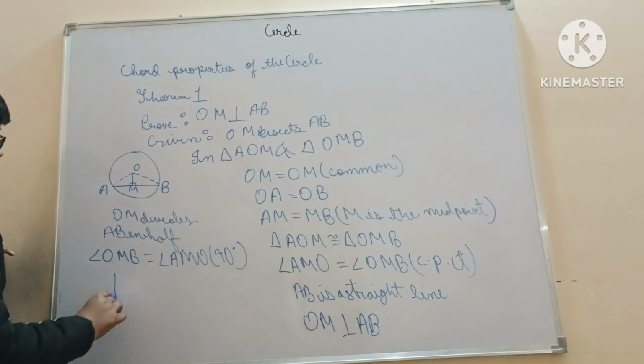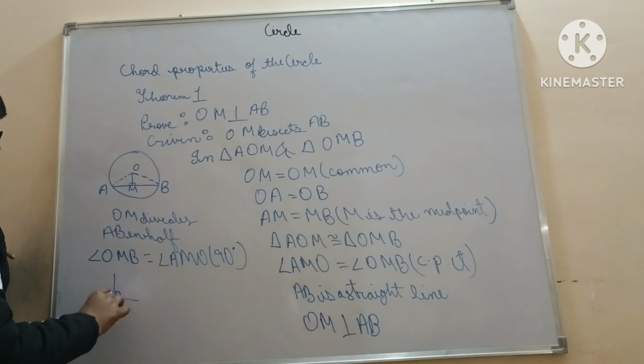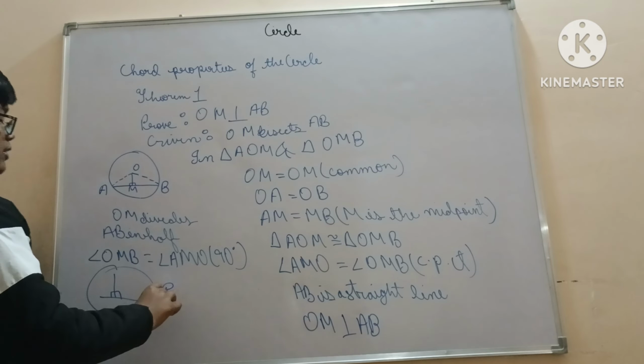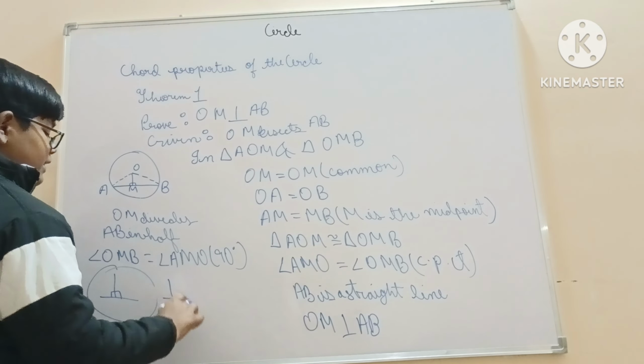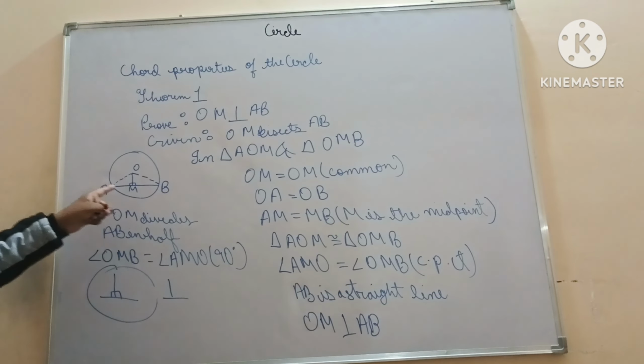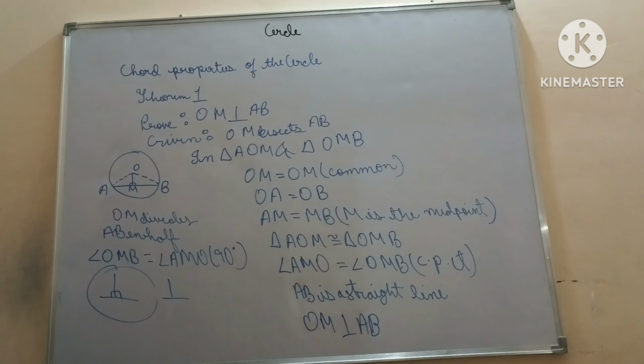Any line dropping from above which has a 90 degree angle means that this line is perpendicular to the base line. So we have proven that OM is perpendicular to AB by this theorem.